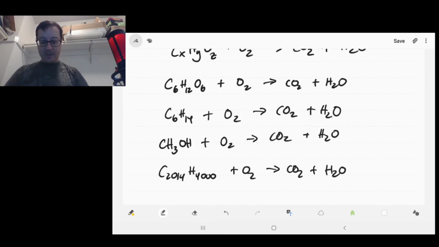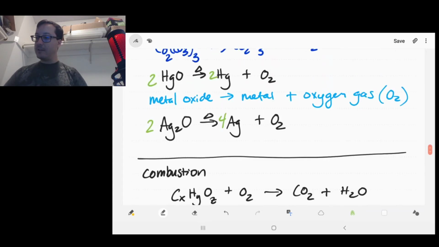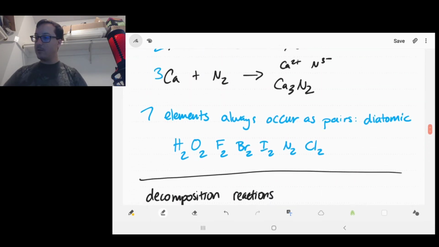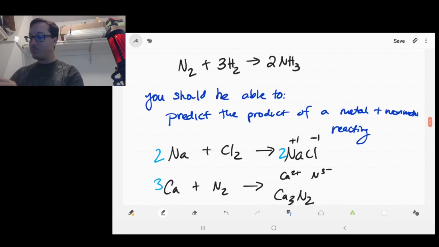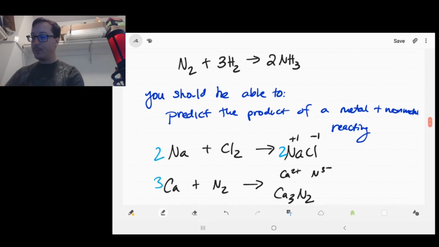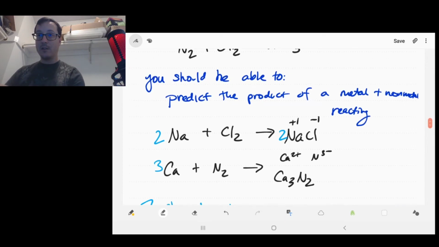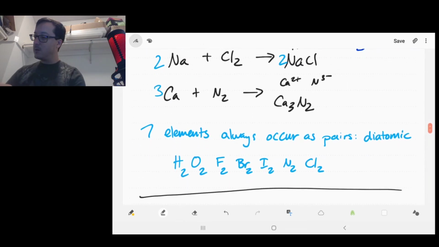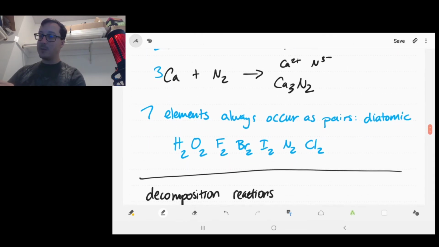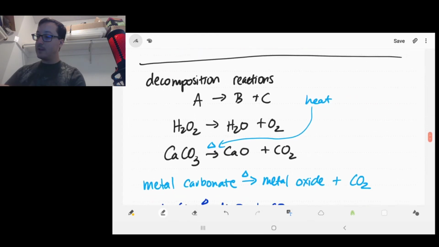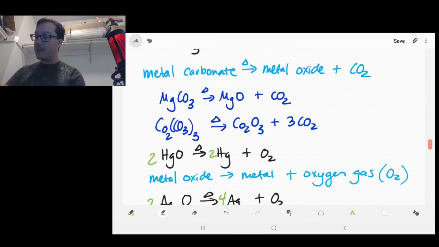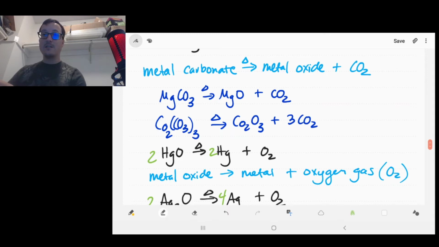So with these, you will be expected to do the things kind of in blue here. I want you to be able to predict the product of a combination reaction that involves a metal and a nonmetal. You'll make the ionic compound that's formed. You'll remember that there are 7 diatomic elements. For decomposition, I want you to know 2 patterns. Metal carbonates decomposing as well as metal oxides decomposing.